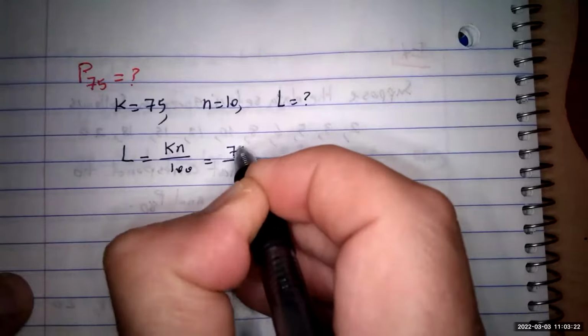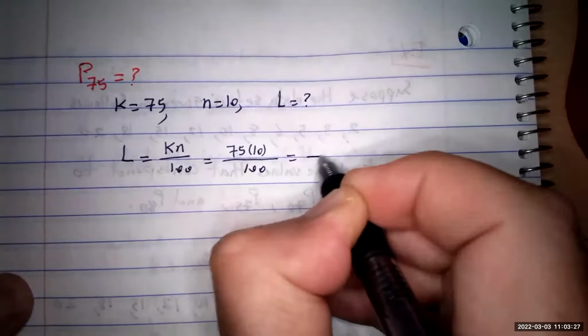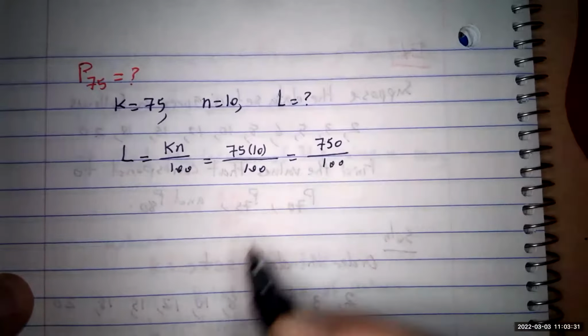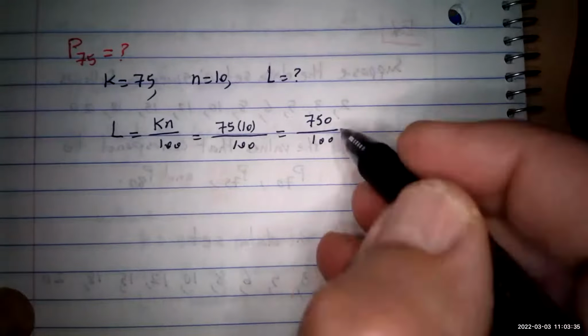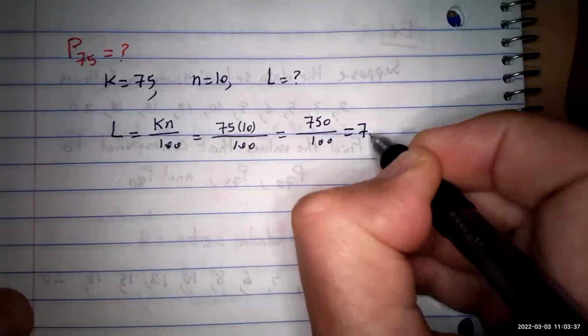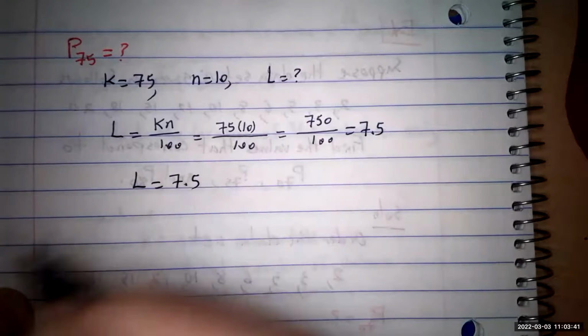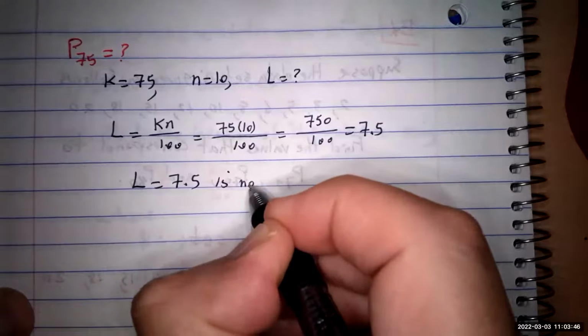That gives us 75 times 10 divided by 100, so 750 divided by 100, which is going to be 7.5. L equals 7.5, which is not a whole number.